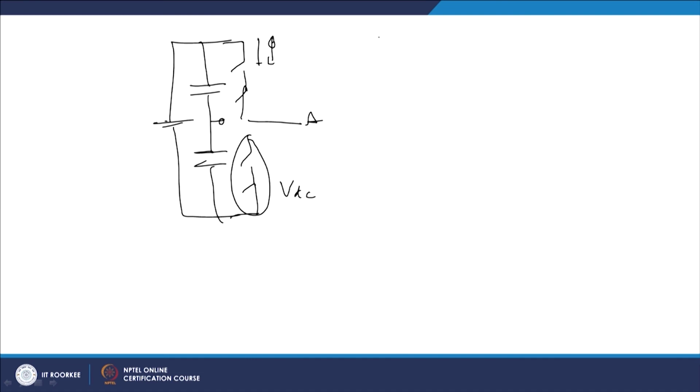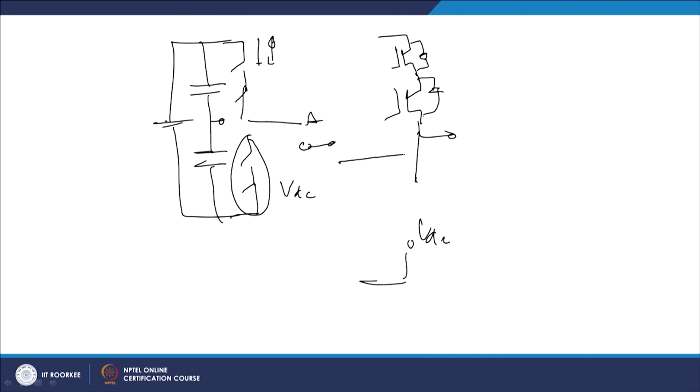So, what we can think of is to connect a switch here with an anti-parallel diode, and another switch with an anti-parallel diode. Thereafter, it has to block the voltage of VDC, and this point is the midpoint of the capacitor. It has to again block the voltage VDC by 2 in this configuration.